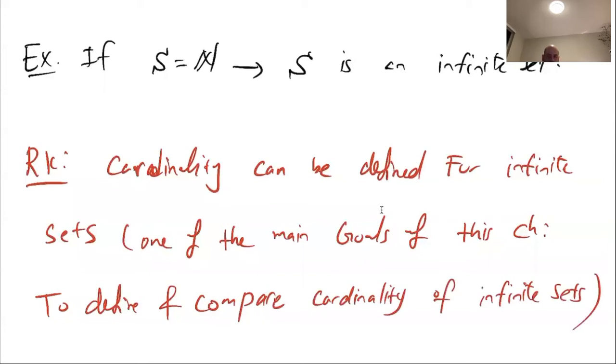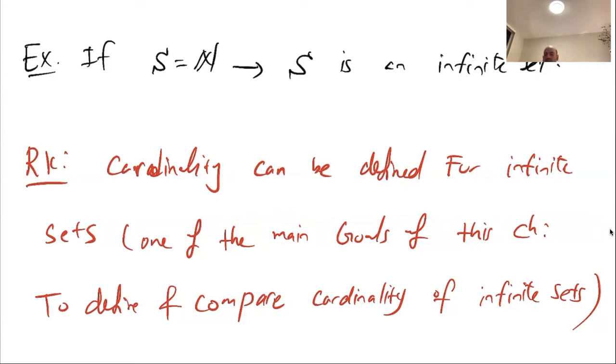So you may tell me, okay, well, this looks easy. We can say that the cardinality of an infinite set is infinity, let's say. Well, yes, that's a straightforward idea. But then we will have one issue: what if we have two infinite sets? If we define the cardinality of any infinite set to be equal to infinity, then any two infinite sets would have the same cardinality, which is not what we want.